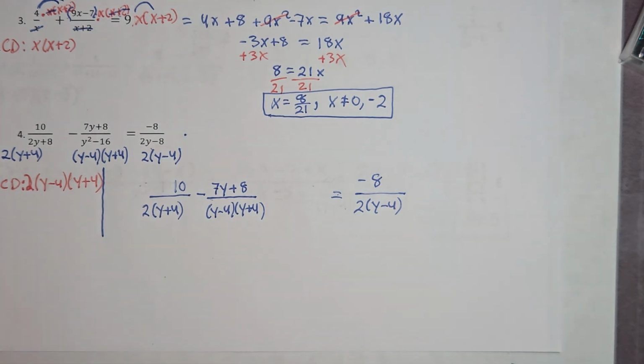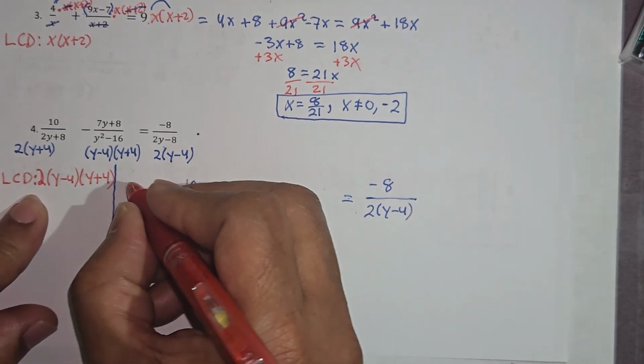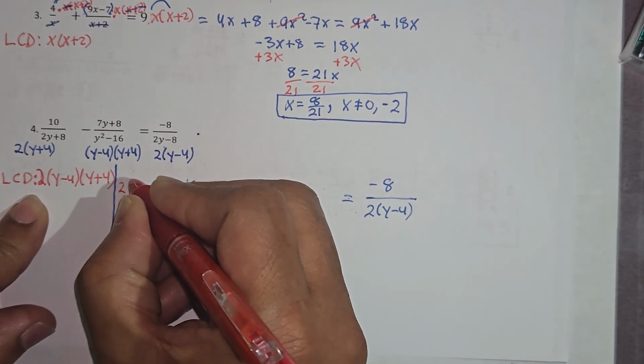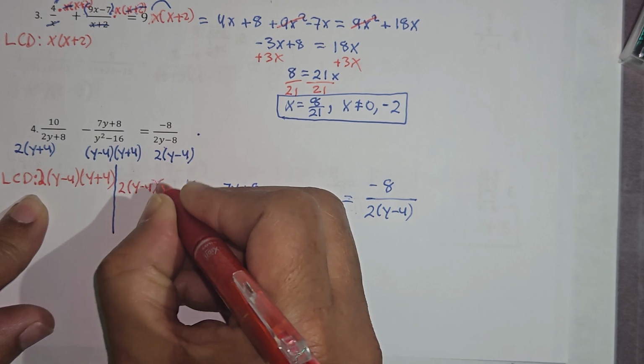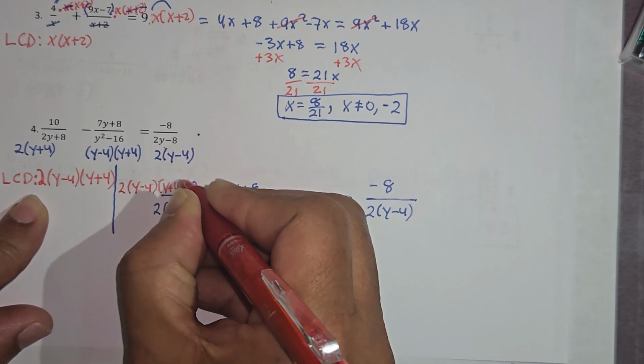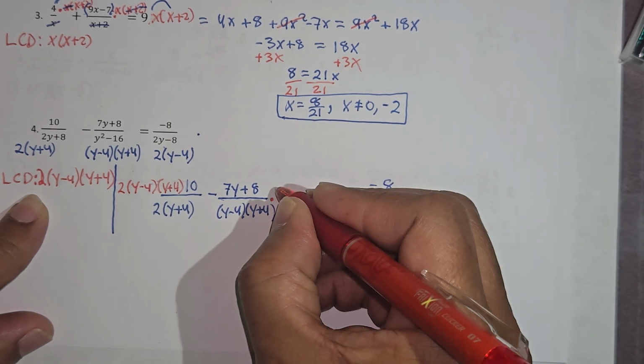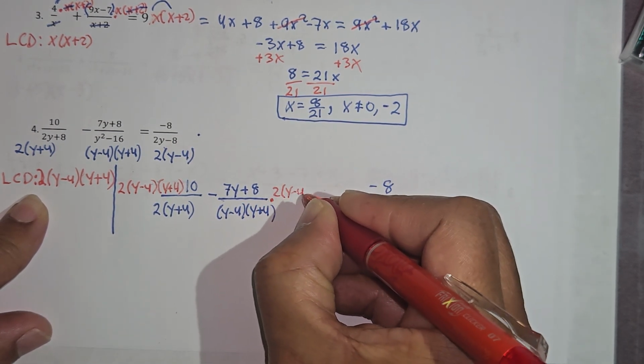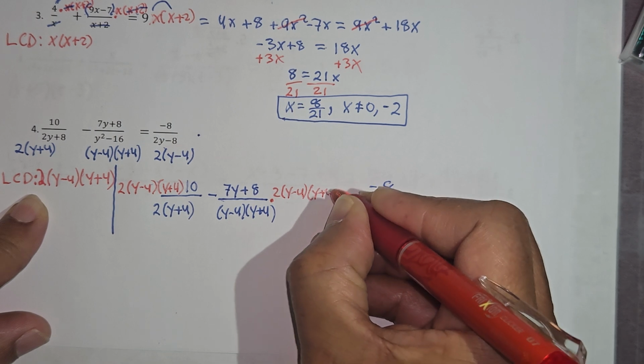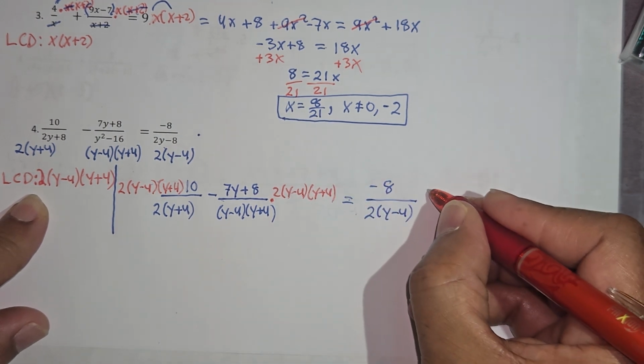Okay, so now let's multiply each term by the LCD. So multiply this by 2 times y minus 4 times y plus 4. Same thing with this one, and the same thing with this one.